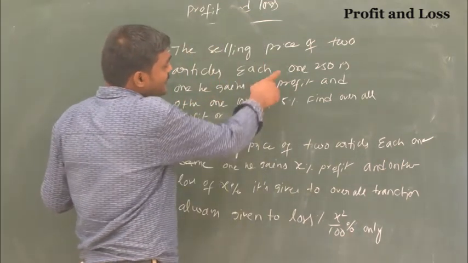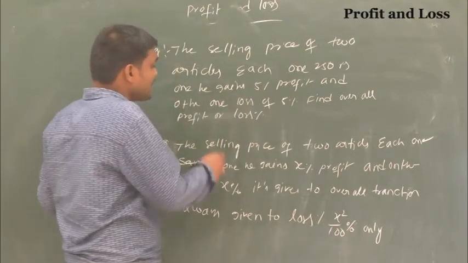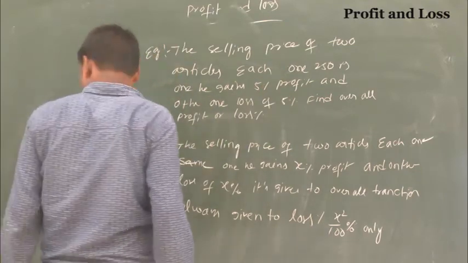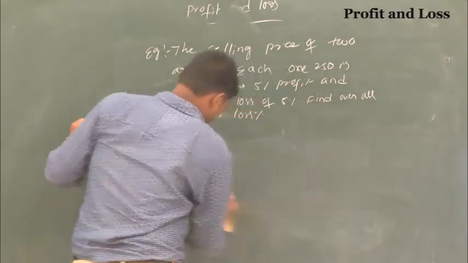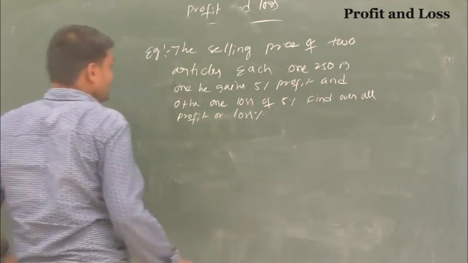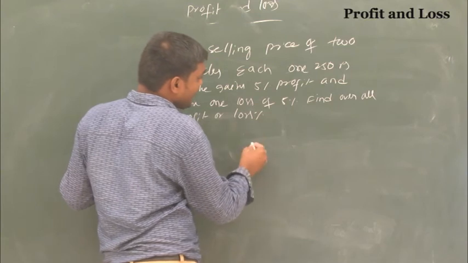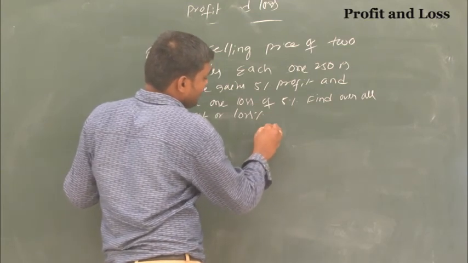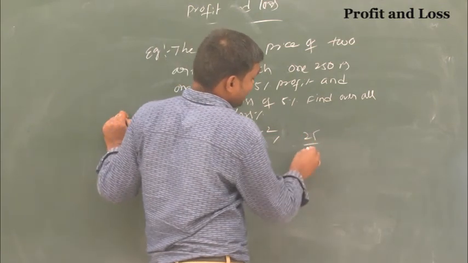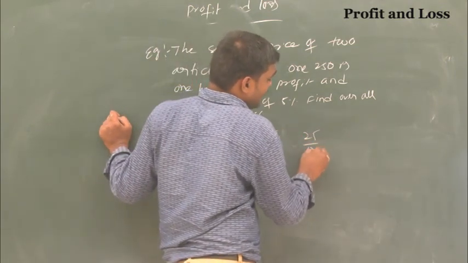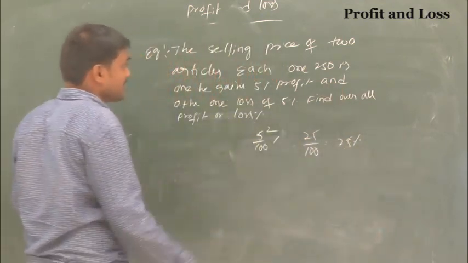Here it is 5% profit and 5% loss with equal selling prices, so the loss is 5 square by 100%, that is 25 by 100, which gives 2.5 percent.